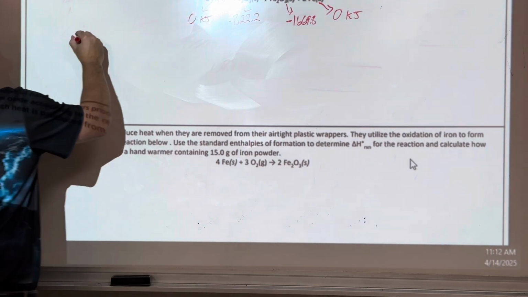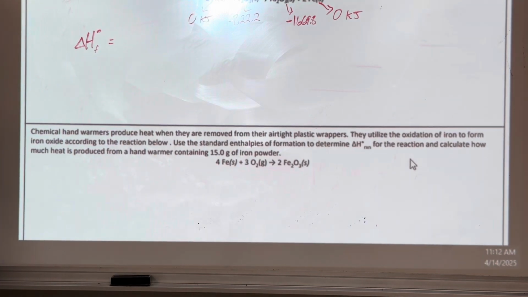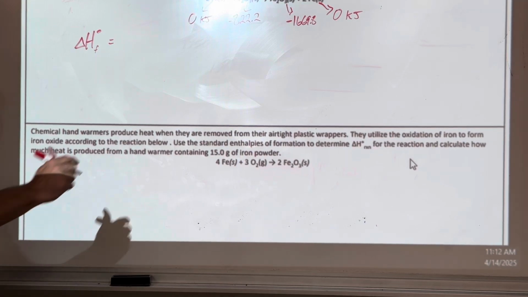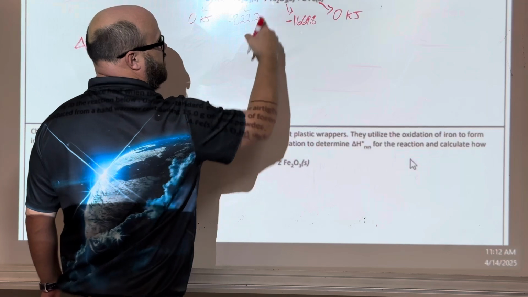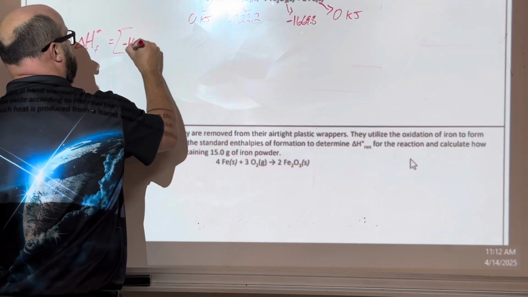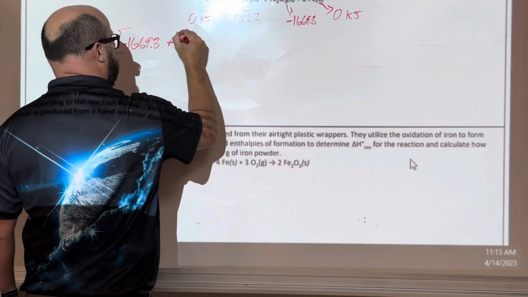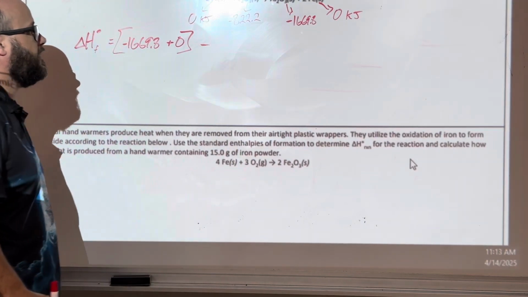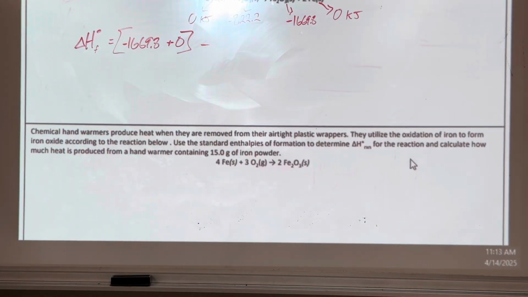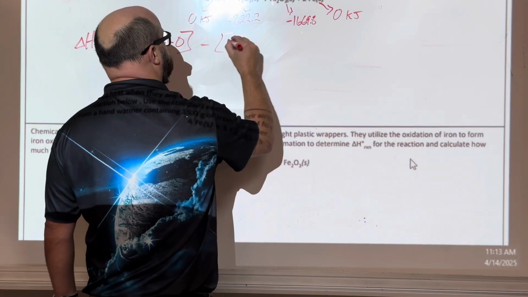And then delta H, we're going to take products minus reactants, or negative 1669.8 times its coefficient, which is just 1, plus 0, minus our reactants, 2 times 0.